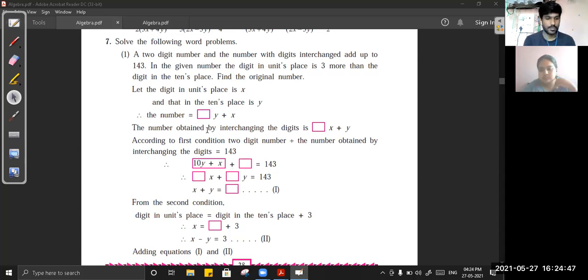Then I'll explain the question first. No, I did not understand the sum. It just says x plus y. If we do it y plus x, then it equals 143. So the first box should be 143. Correct?